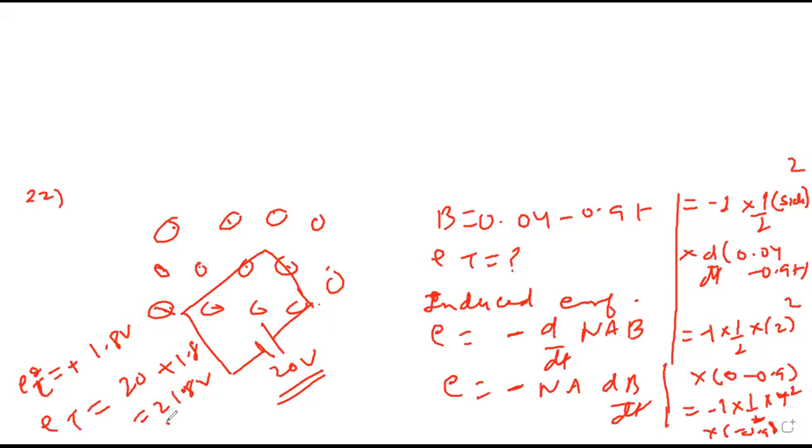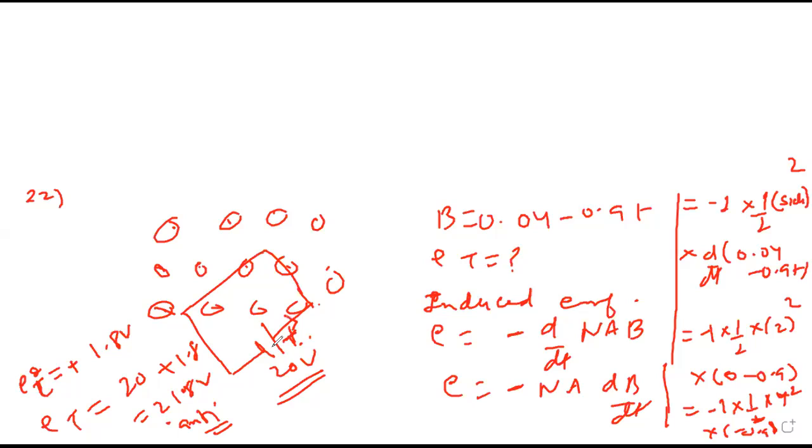And current will be from positive to negative. 20 is higher, induced voltage is lower. Anyhow, the current has to go from positive to negative, so it will be in anti-clockwise direction. There was a battery also connected.